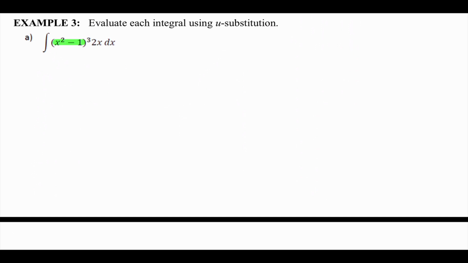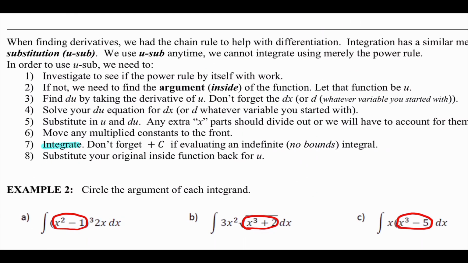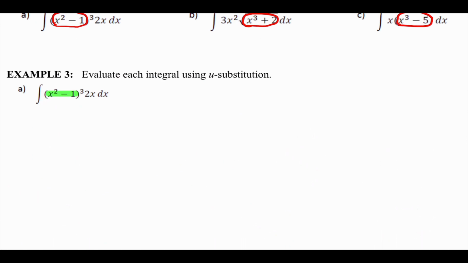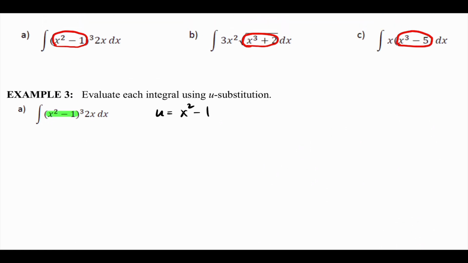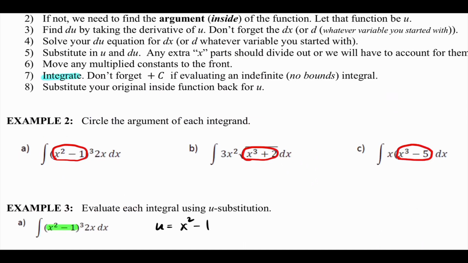Okay. So the first step is, if you can use power rule, use power rule. We just talked about that. Second step, find the argument. Let that be U. Done. So what I'm going to do over here is I'm going to say U equals the argument, x squared minus 1. That's the first step of U-substitution.